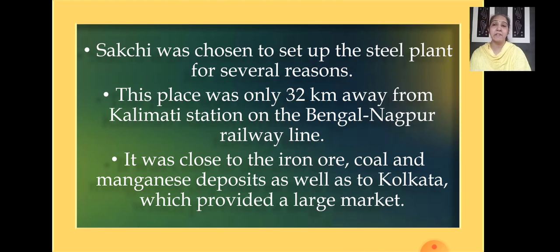The first thing is the nearness to the station, that is 32 kilometers away from Kalimati station on the Bengal-Nagpur railway line. The second factor is that it was close to the iron ore, coal and manganese deposits, as well as to Kolkata, which provided a large market. Even the market is very close. That is the reason Sakchi was chosen for the steel plant.